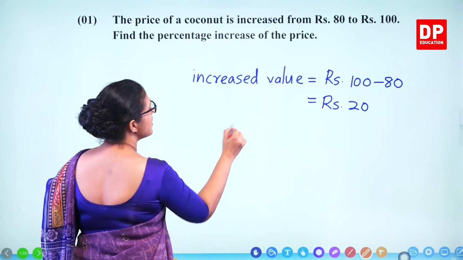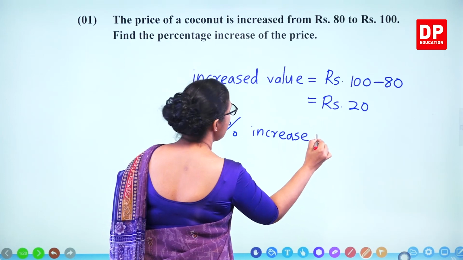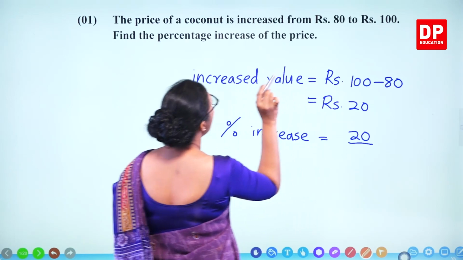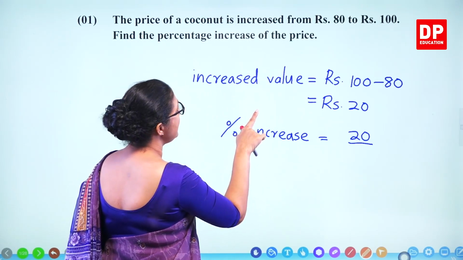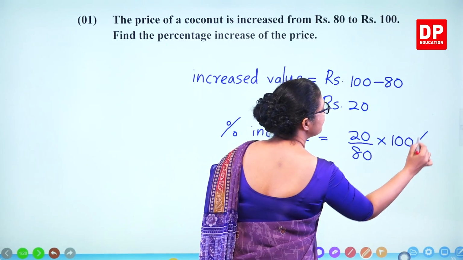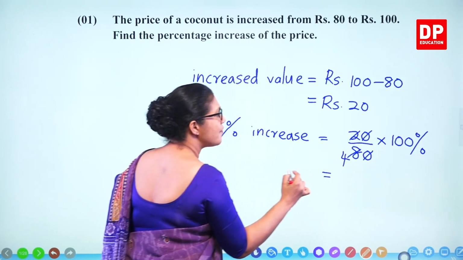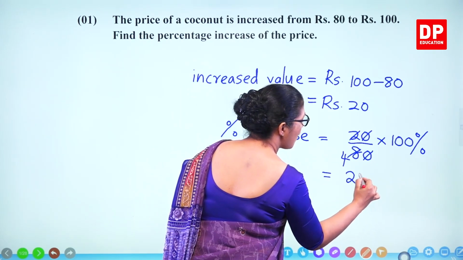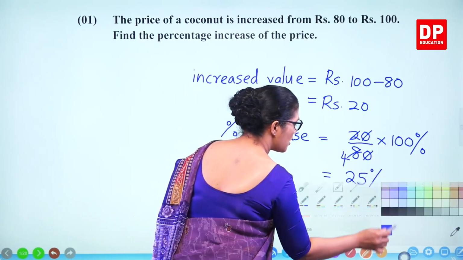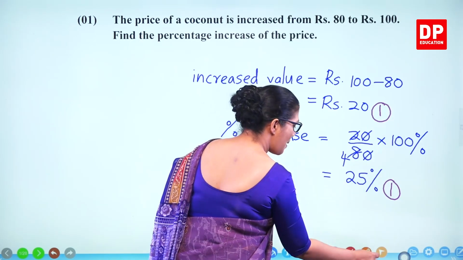Percentage increase is equal to the increased amount, 20 rupees, for 80, that's the buying price, into 100. So you get 2 times 400 divided by 4, 25%. So that's the percentage increase. You get 2 marks, 1 mark for this answer and 1 mark for the method.